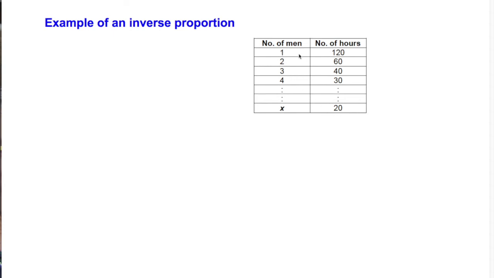In an inverse proportion, if we look at the number of men and the number of hours and multiply them together, we will notice that it will always give us the same value. That is 120.